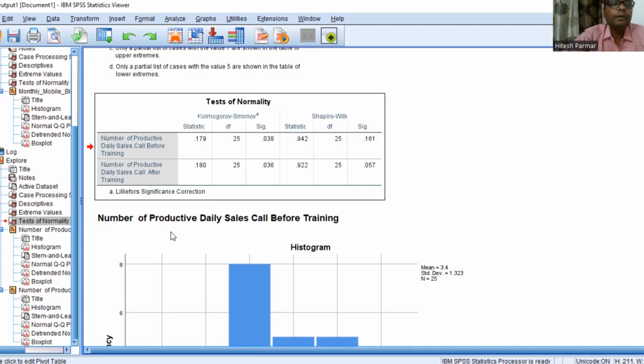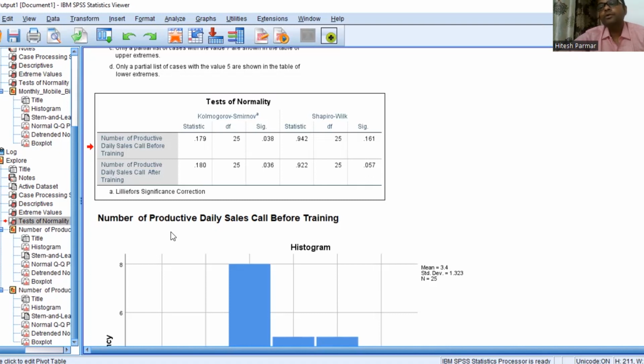Say for example, in this case you want to go for a transformation. If one variable is normally distributed and another is not, what will you do? Suppose you are applying log transformation, then you need to apply the log transformation equally to both variables.